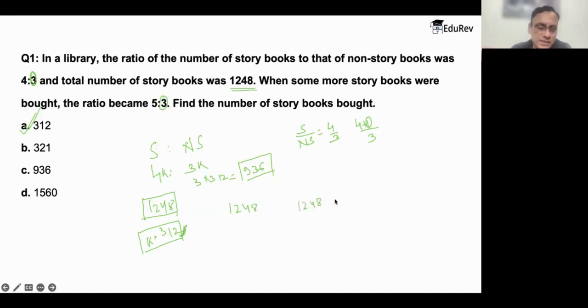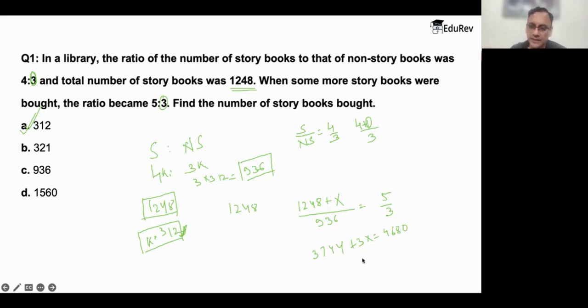1248 is the number of storybooks right now, plus x storybooks got added, upon non-storybooks is 936, and this ratio is 5/3. You'll have to do some long multiplication. So 1248 into 3, plus 3x is 9360. 4680, right?